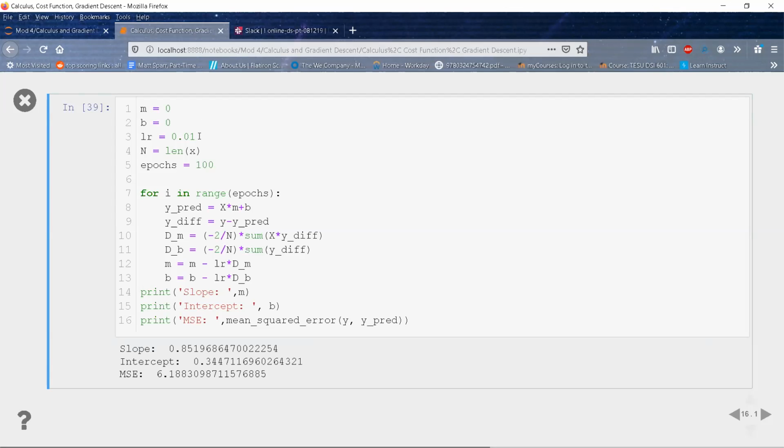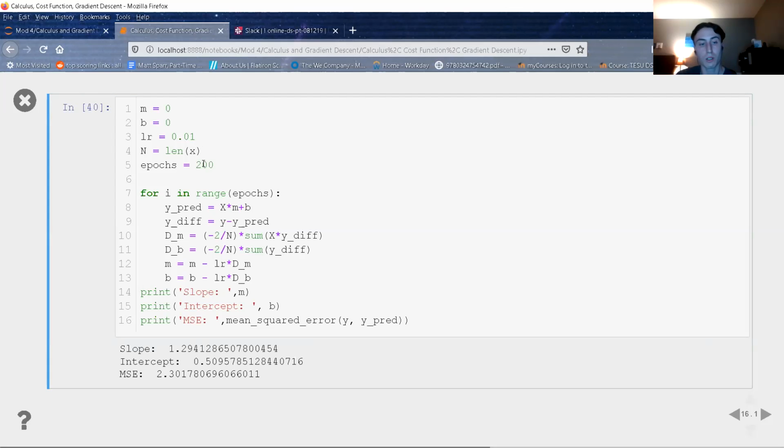Now if you make the learning rate smaller, we get 6.1. Basically, with the smaller one, it's taking smaller steps, so we would have to increase the number of epochs. If we put this up to 200, then we get a lower mean squared error. It's like walking towards something: if you take smaller steps, it's going to take you more time to get there.